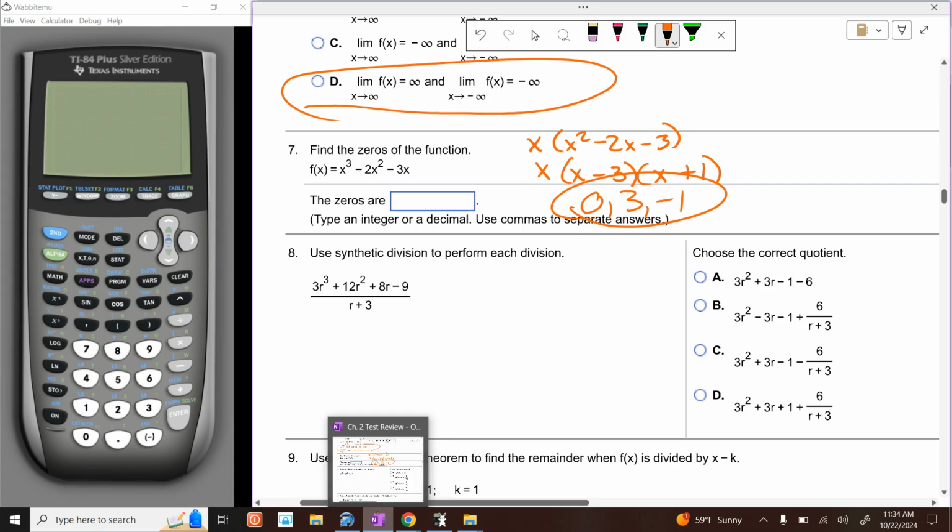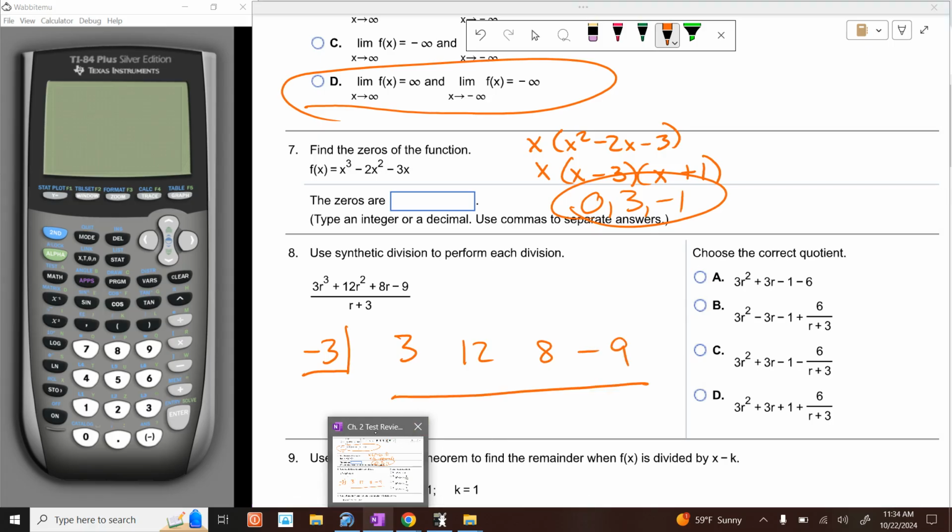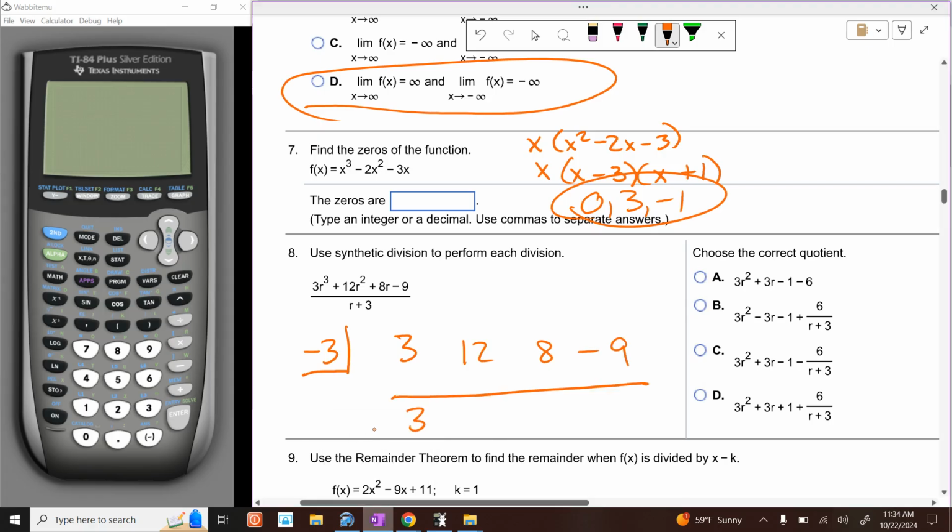Okay. Synthetic division. What goes in the box? 3 or negative 3 in this case? Negative 3 goes in this case. And so we have 3, 12, 8, negative 9. 3 drops down. You get negative 9. Negative 1 drops down, you get positive 3.